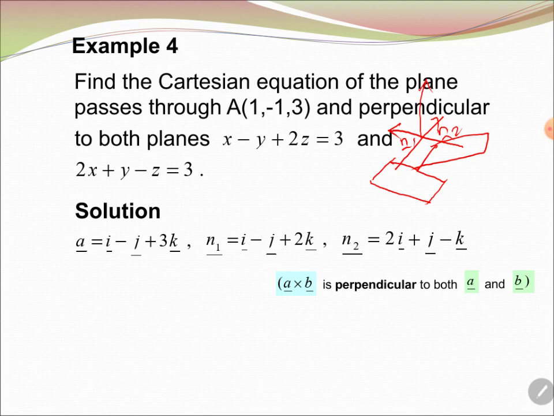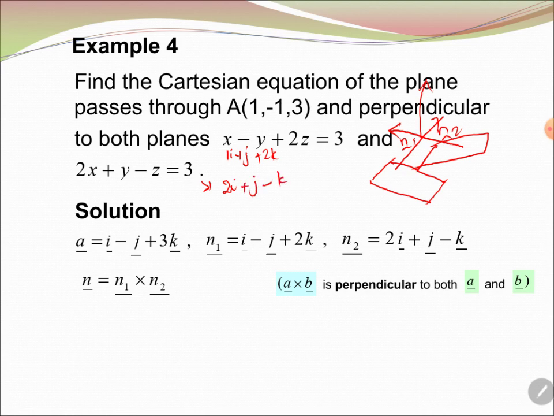So we find the normal of the plane by taking the cross product between the normals of the two given planes. For the first plane, n1 is equal to 1i minus 1j plus 2k. And for the second plane, the normal is equal to 2i plus j minus k.